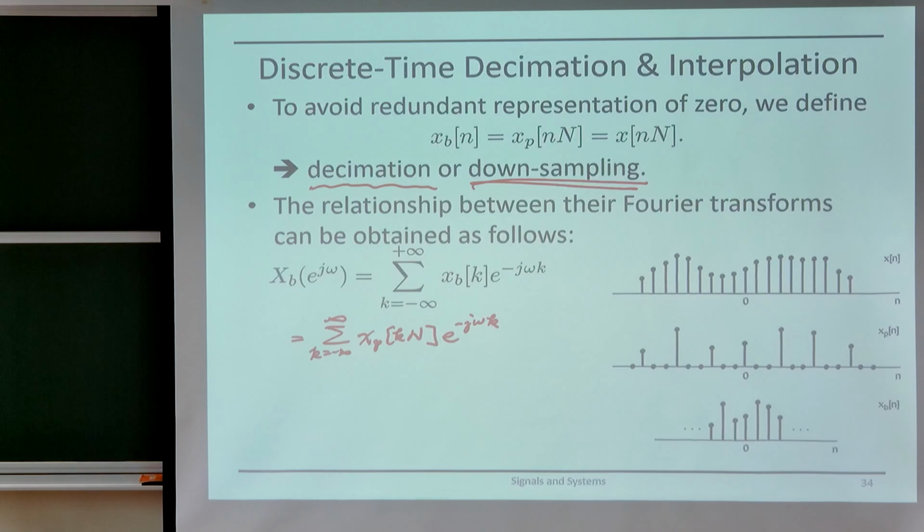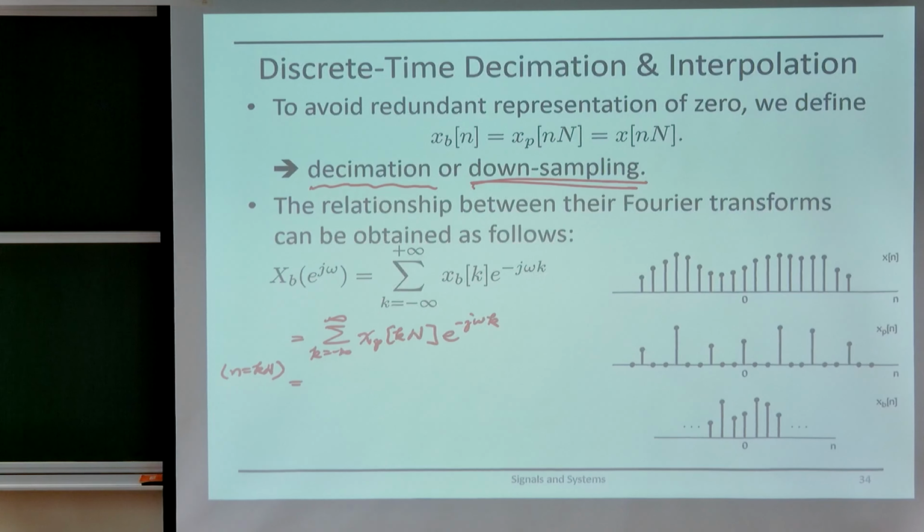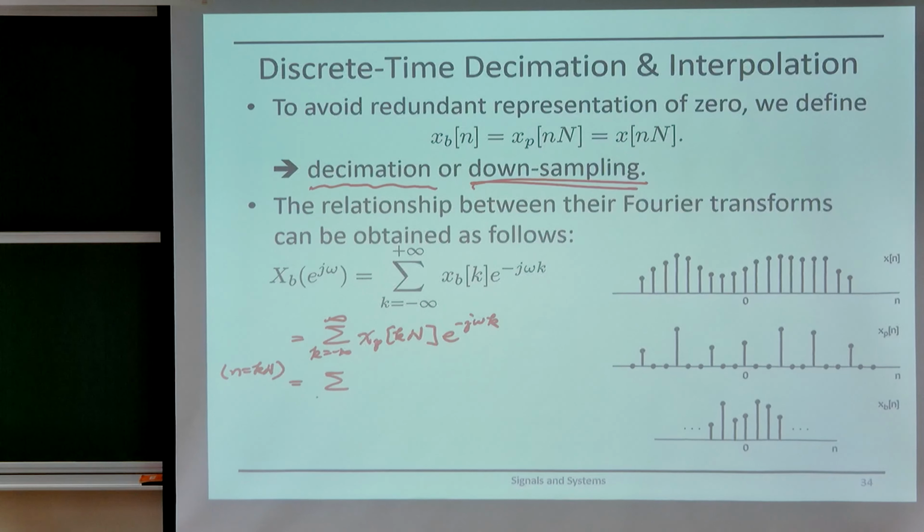All right? Now, I can perform a change of variable where I set n equal to kN, so that now I have a summation over xp[n] e^(-jωn/N).